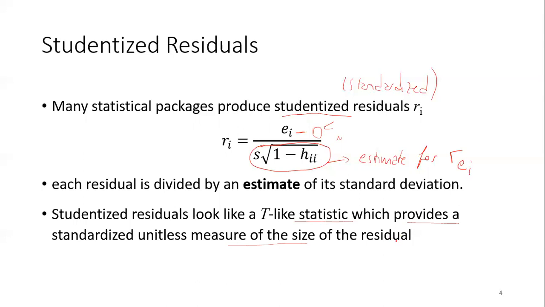When you just plot the residuals, you see something, but since they are not standardized, you don't know what their size should be. Their expected value should be 0, but you cannot know their size. Studentized residuals give you a standard way of looking at the values of the residuals.